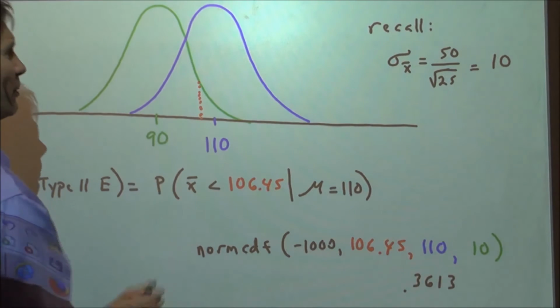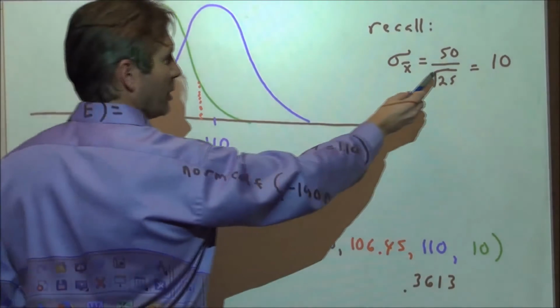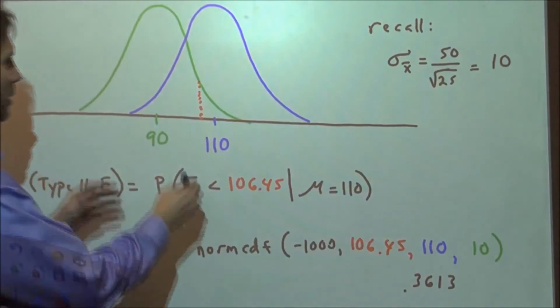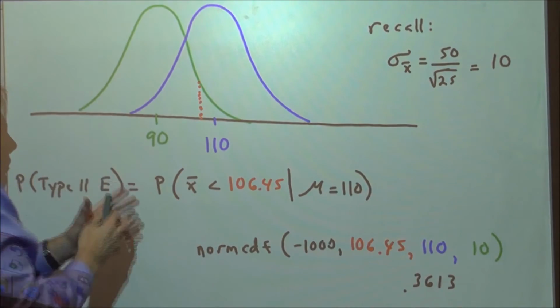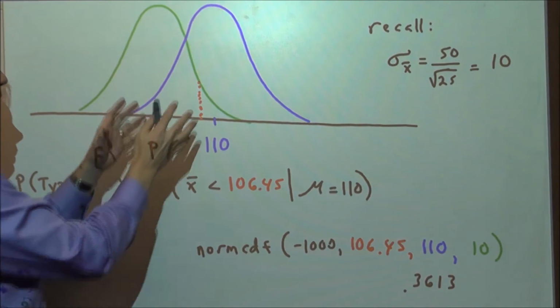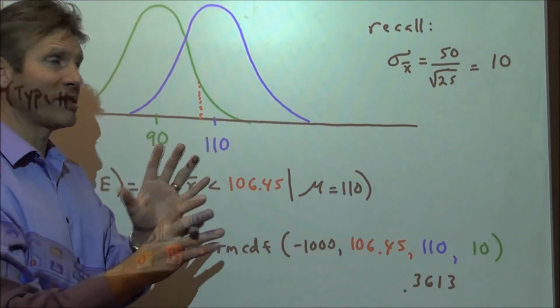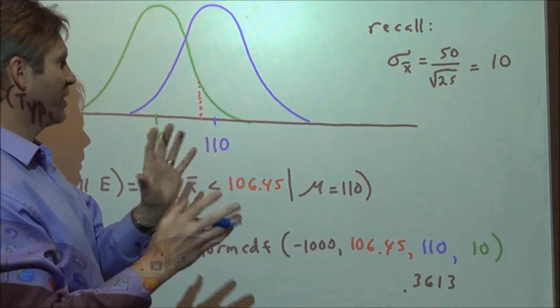So we set it up this way. We recall that the standard deviation for the sample means would be 10 seconds. The green is the null hypothesis that we'd be assuming to be true. The blue is now what we're saying is, hey, suppose the true mean really is 110, so that's where you will be sampling from.